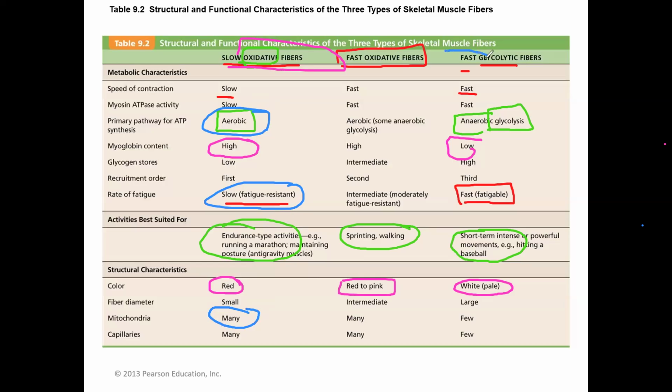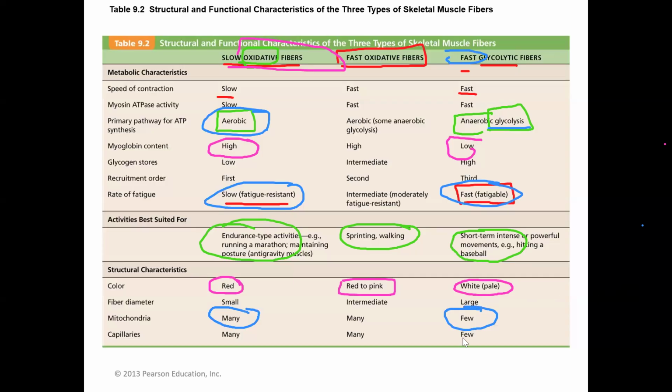Fast glycolytic, they get tired easily. They make their ATP anaerobically, totally dependent on what's called glycolysis. So that means they don't have too much mitochondria. They have very few.